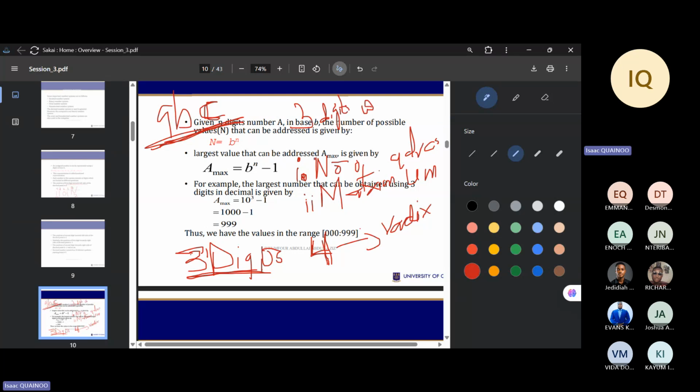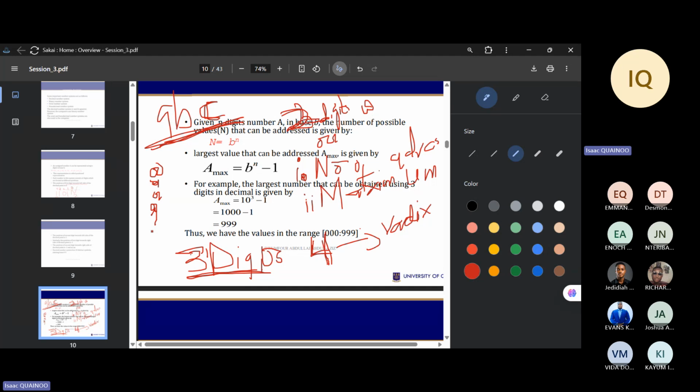You are told to arrange the digits in that number system. Let's say it has 2 digits, which would be simpler for us. It can be 00, 01, 02, 03, 04, 05, 06, 07, 08, 09, and when we get to 09, we can come to 10, then 11, 12, up to 99.